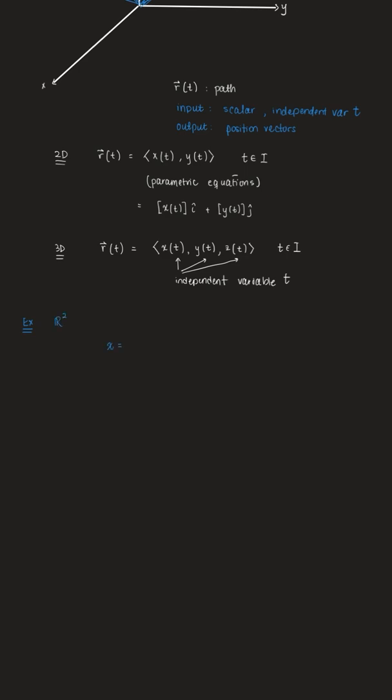Suppose that I define x to be a cosine t, y is a sine t, and our parameter t will go from 0 to 2 pi. Well, we know that this represents a circle with radius a in this case, centered at the origin, in the counterclockwise direction. We've seen these parametric equations before.